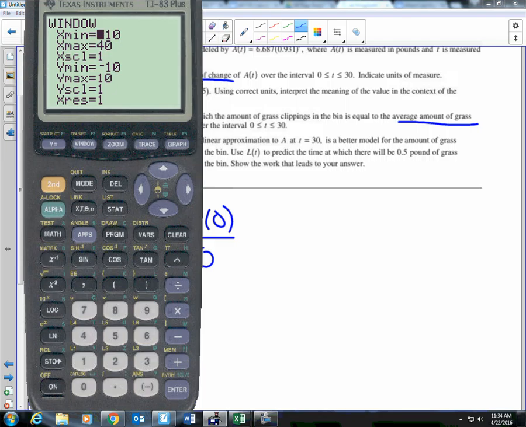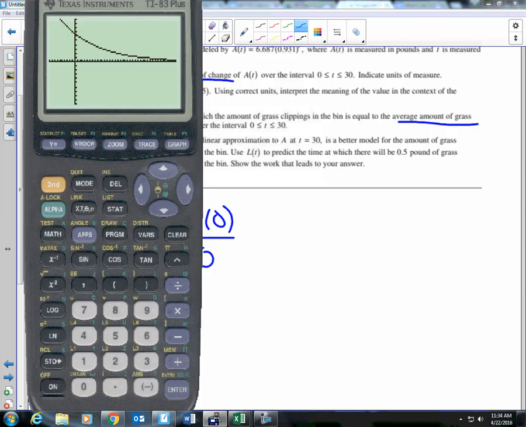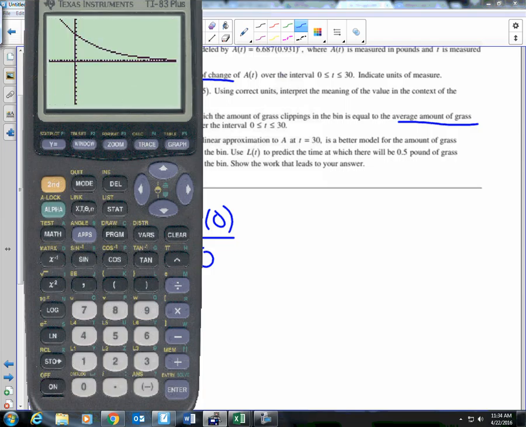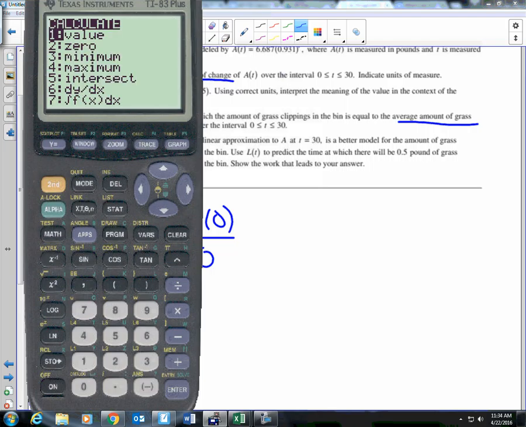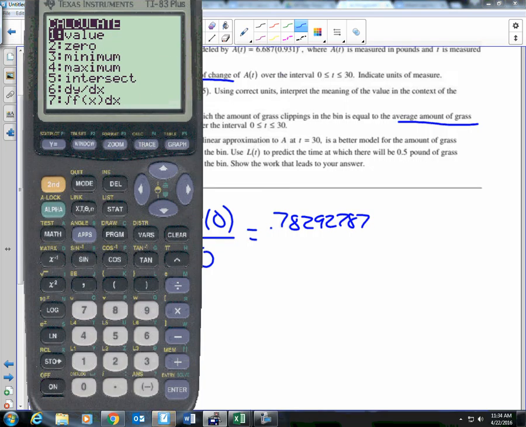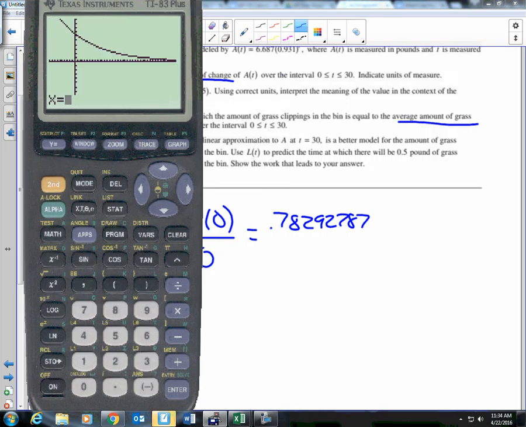Now as I look at the graph, you can see from 0 to 40, and if we calculate a value at 30, we get 0.7829. And if I calculate the value at 0, I get 6.687.